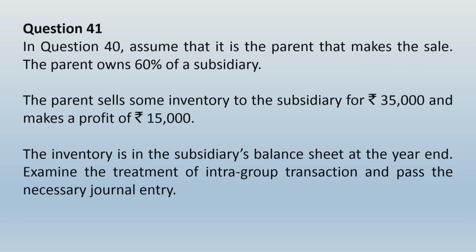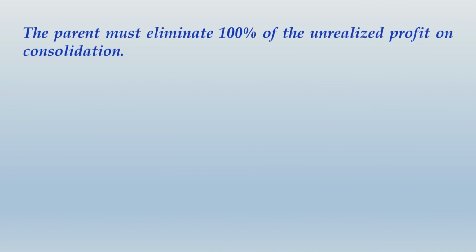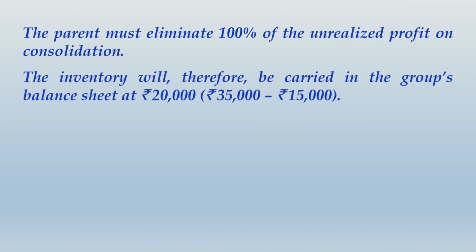So friends, without problem you will be able to answer this question now with just one little change compared to what you have answered in question number 40. So what you will do is, in your solution you are going to write up that the parent must eliminate 100% of the unrealized profit on consolidation.